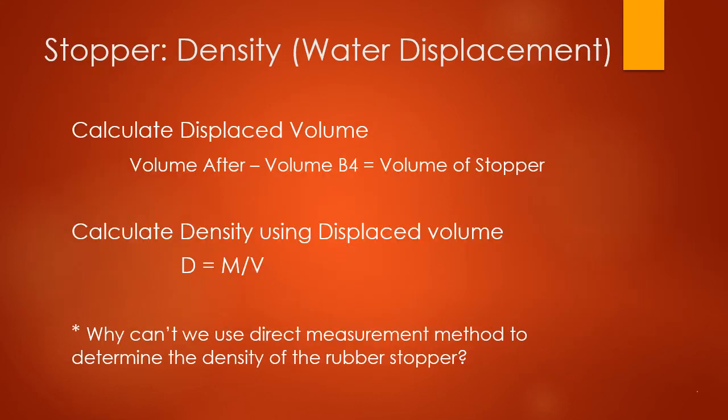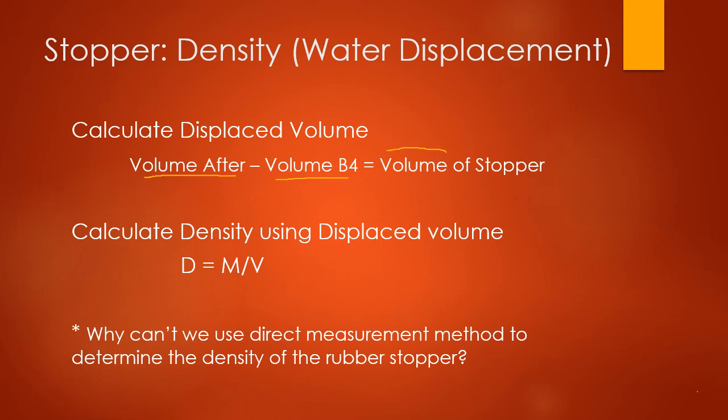Now that you have the data that you need, you're going to calculate the density of that rubber stopper. To do that, you're going to take the volume after adding the stopper to that graduated cylinder and subtract the volume of the water before adding the rubber stopper. This will get you the total displaced volume that was caused by the rubber stopper.